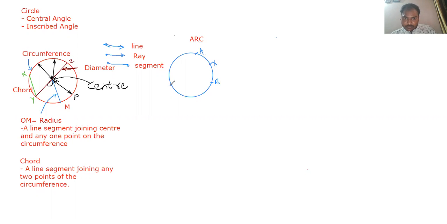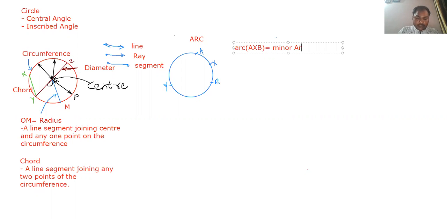So this A, X, B is also representing an arc. Just keep in mind what I'm writing: AXB is equal to the arc, and that arc is known as the minor arc. How can we write this? We can write the arc with the help of these small letters, in brackets, AXB, and this one is known as the minor arc.